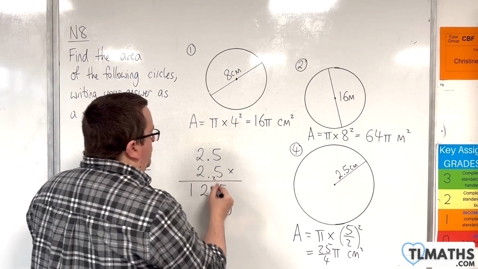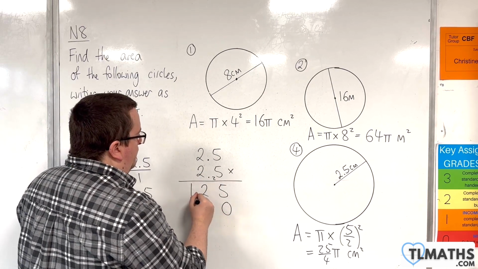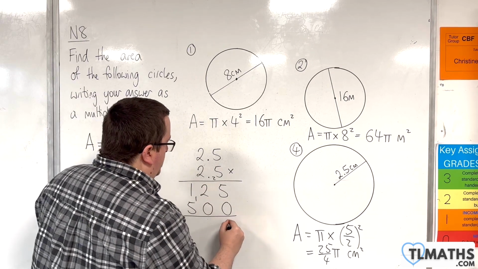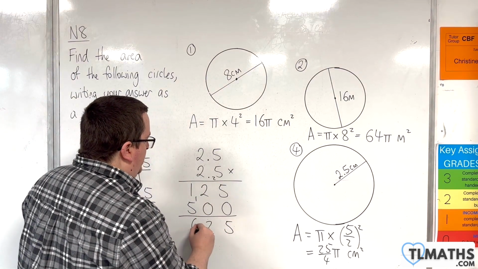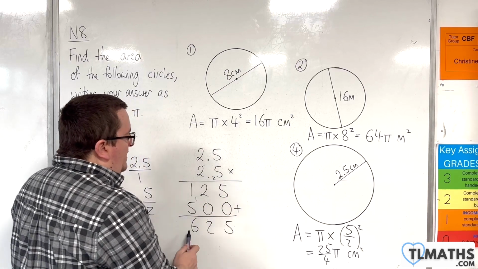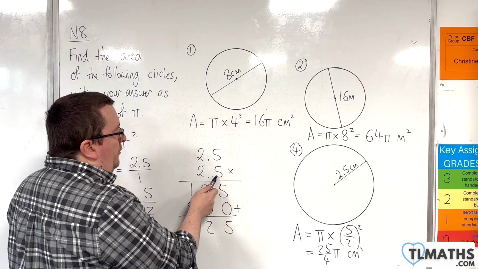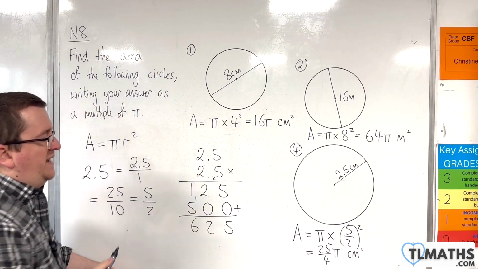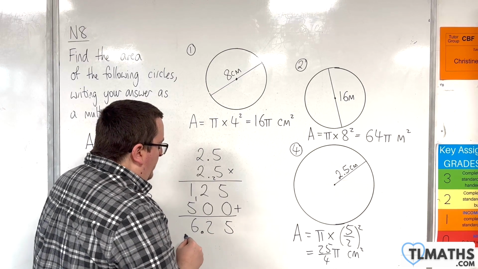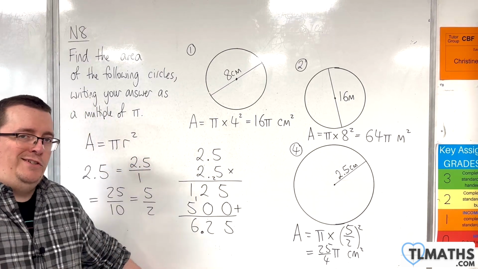Then we'll have 0. 2 lots of 5 is 10. 2 lots of 2 is 4, plus the 1 is 5. So 5, 2, 6, adding those two rows together. So we get 625, but we've got two numbers to the right of the decimal place, so we're going to have to bring in 2 points there, and so we get 6.25.